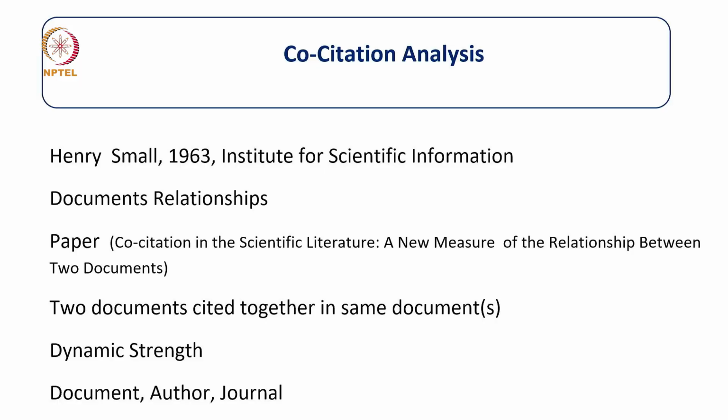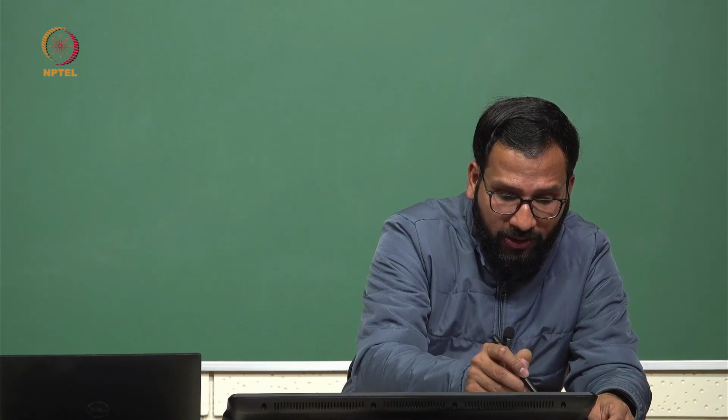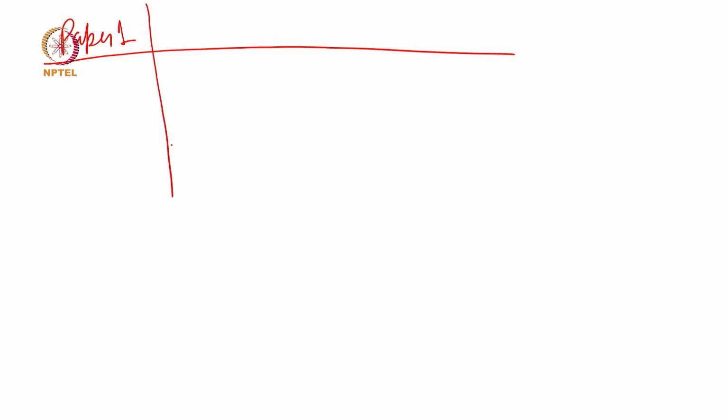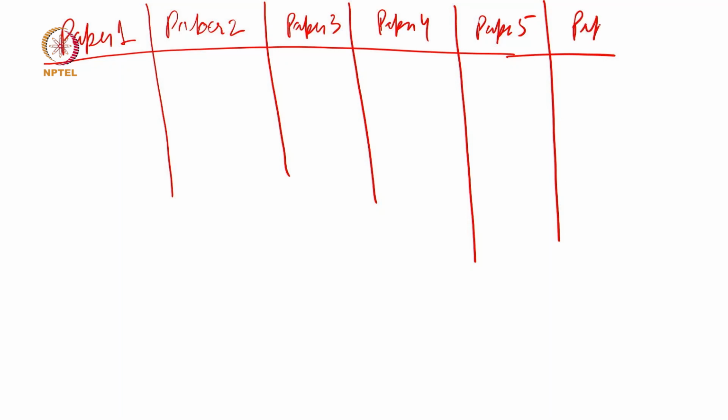Let us assume that we have 6 papers. Let's assume this is paper 1, then this is paper 2, then paper 3, paper 4, paper 5, and paper 6. Now each paper has references, as we have already seen.